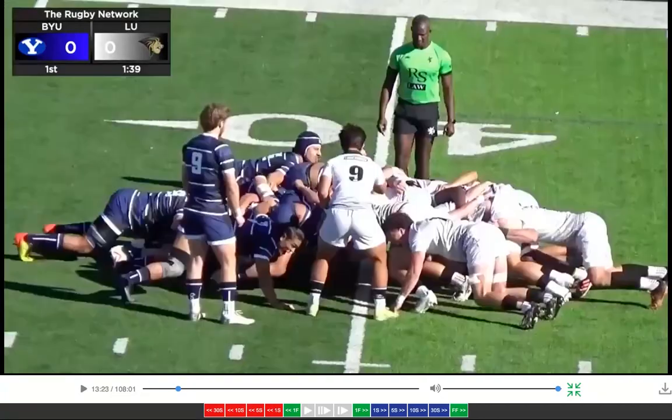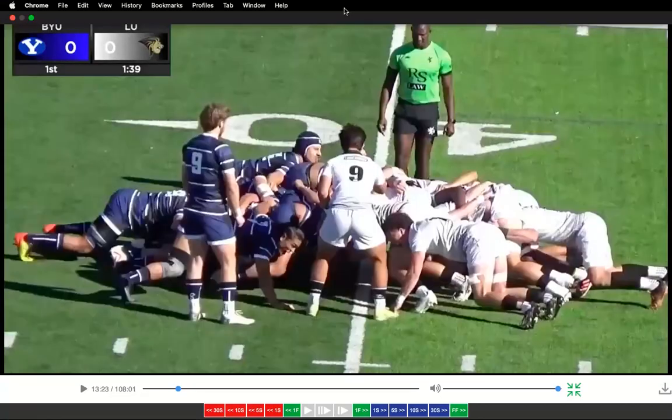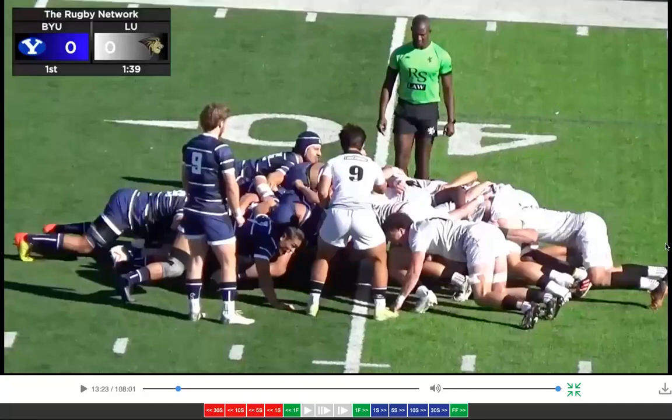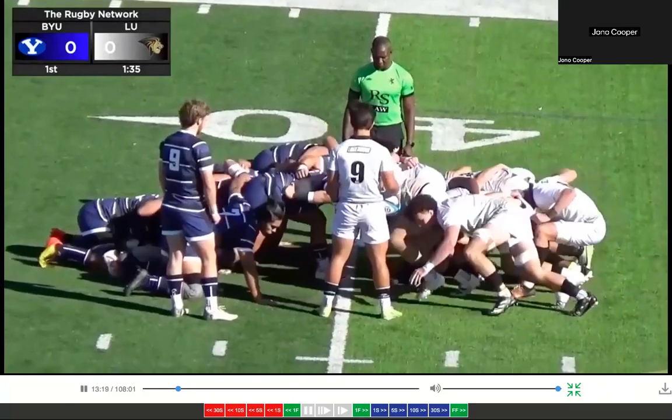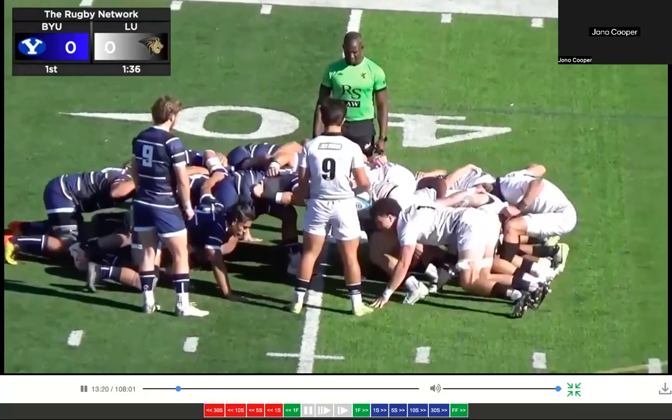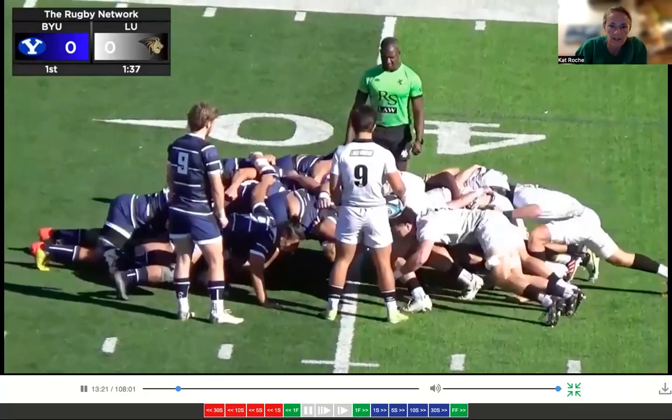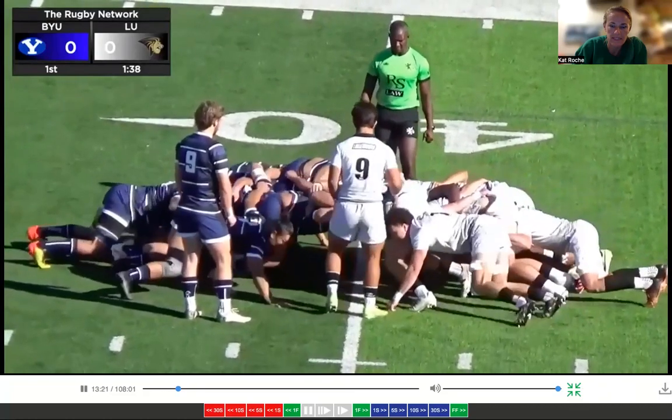All right. So what are we seeing in this scrum sequence? Anybody? Quick ball, white's wide, dominant in the push. Yep. We got a good setup, nice and stable.